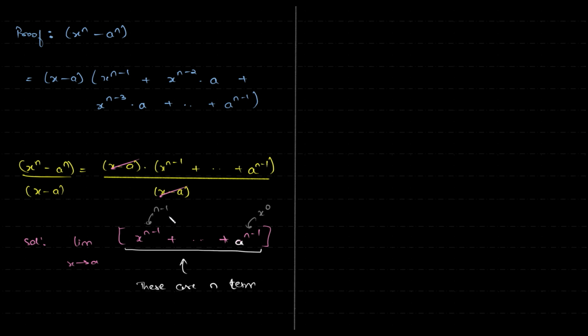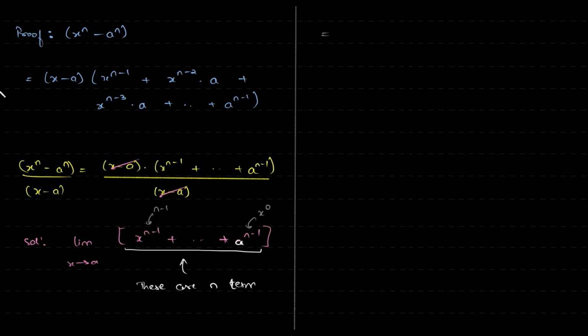Say take 5: 5, 4, 3, 2, 1, 0. From 0 to 5, including 0 and 5, how many numbers are there? Count it. 5, 4, 3, 2, 1, 0. I hope you are doing that. There are 6 numbers. Similarly, from n minus 1 to 0, there are n numbers.